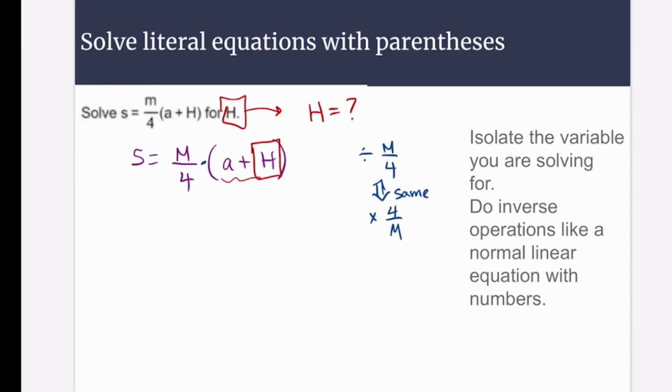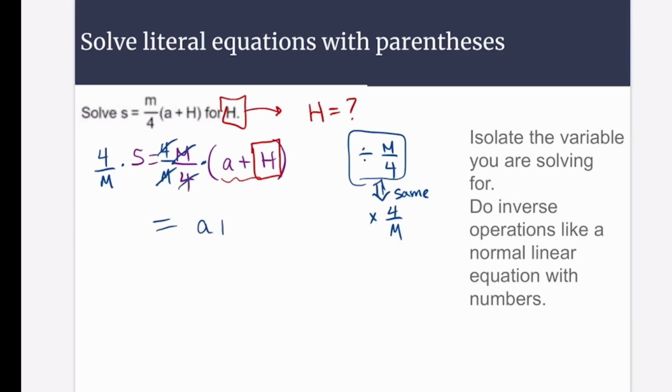So I'm not going to write the division and then have to rewrite it as multiplying. I'm just going to straight up do the multiplying. So I'm going to multiply the left side by 4 over m, and I'm going to multiply the right side by 4 over m. So keep in mind, the reason we're doing this is to get rid of the fraction we're dividing. That means the m's and the 4's are all going to cancel on the right side of that equation.